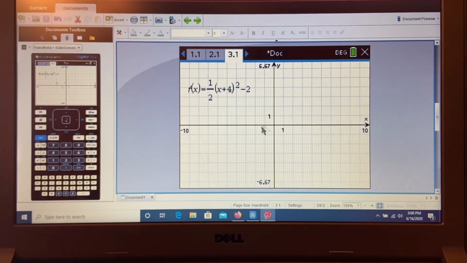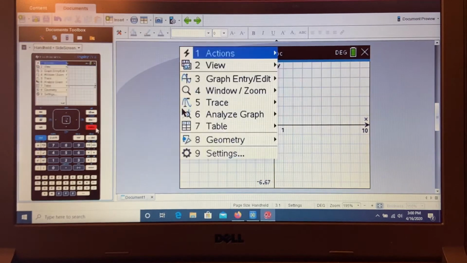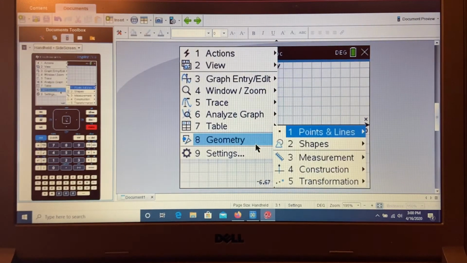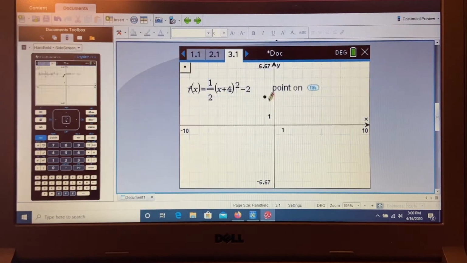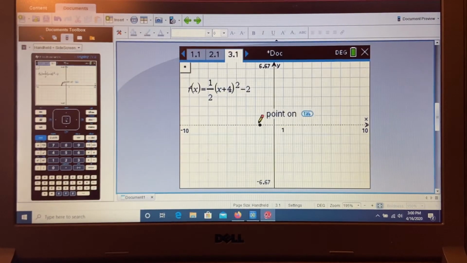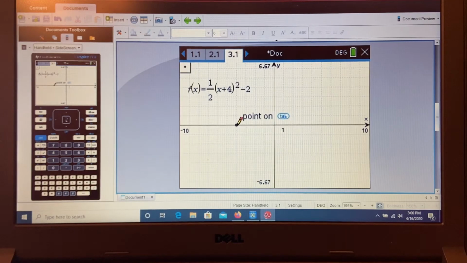Now in this one, we do have an a value. So we're going to start off by graphing our vertex, which will be -4, -2. So -4, -2.